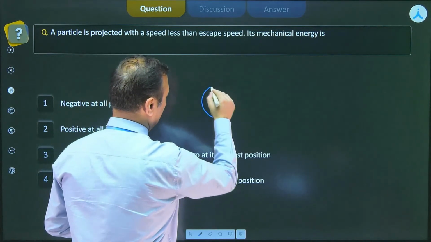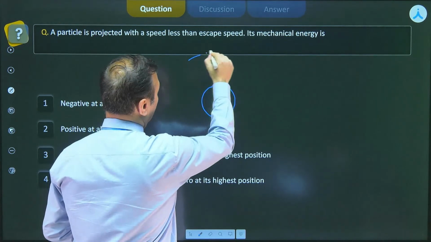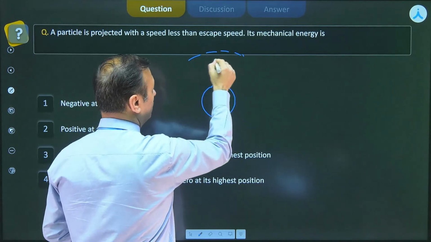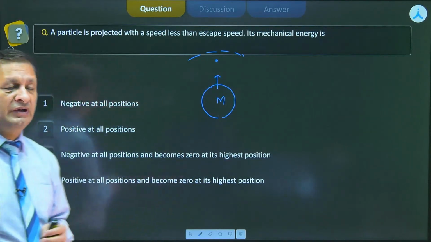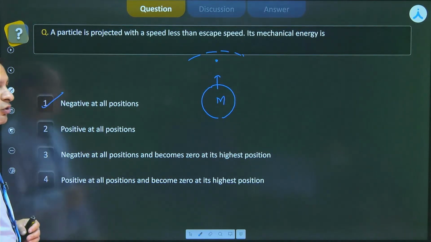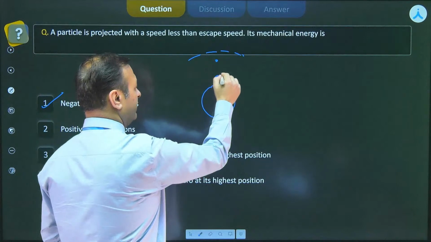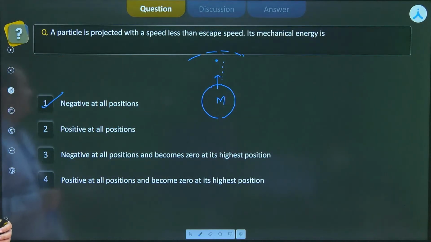Now, we know if a particle is projected with a speed less than escape speed, it will never overcome the gravitational field, it will remain within the field, and a particle within the field will always have mechanical energy negative at all the points, wherever it is. So it will have negative energy.